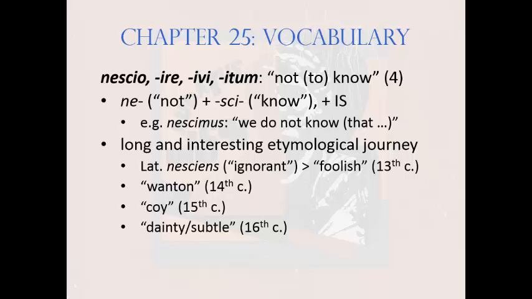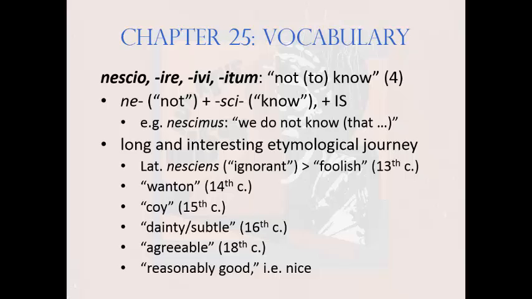It since continued to elevate in the 16th century, where it came to mean dainty or subtle. Over the next two centuries, it became agreeable, and from there it was a short step to our word nice, meaning reasonably good. So, etymologically, nice means stupid.